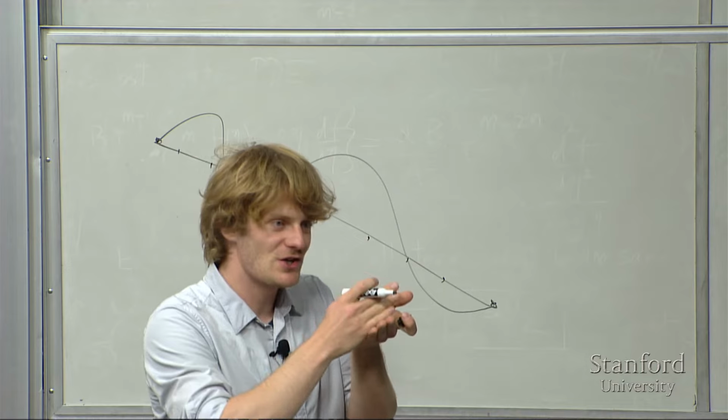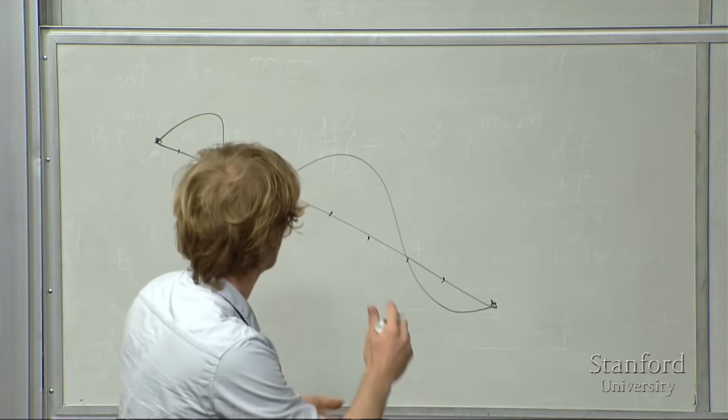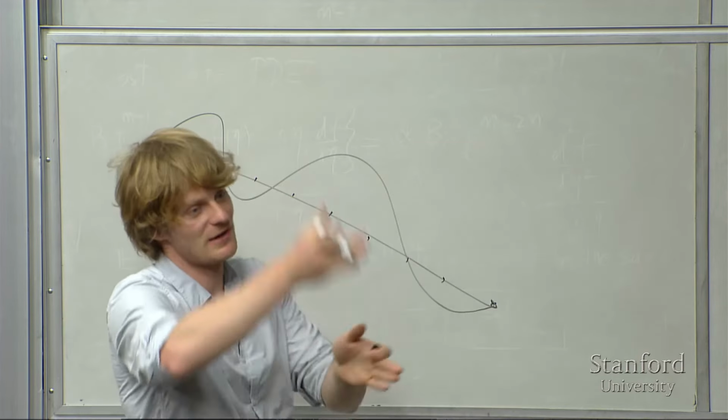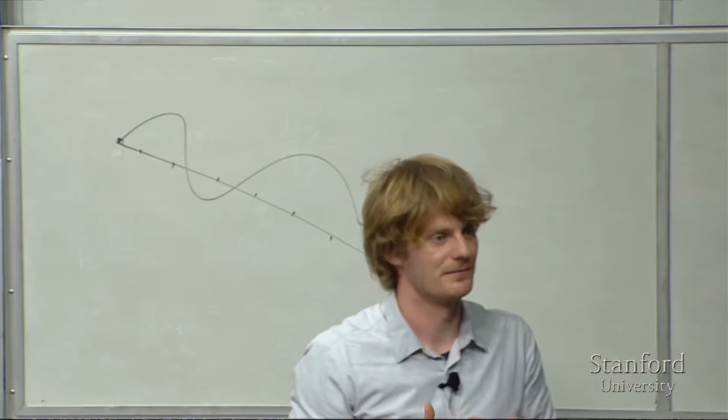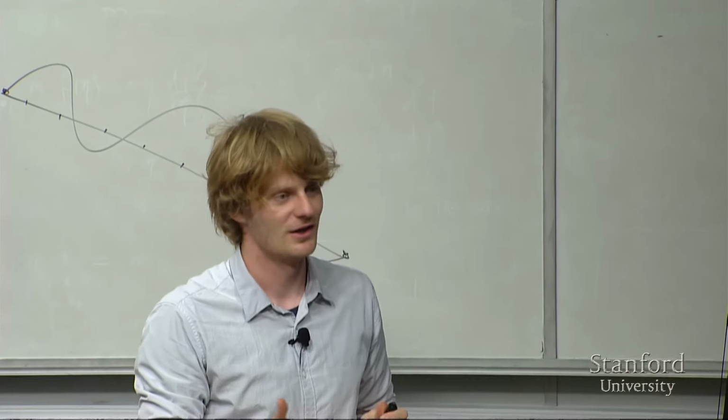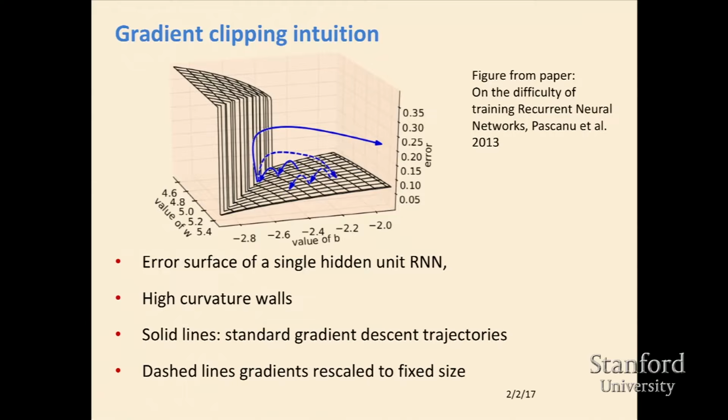And if that error changes a lot between two such intervals, then that means you have very high curvature in that area. So that's one trick to gain some intuition about the curvature of the space. But only in 2 dimensions can we get such nice intuitive visualizations.